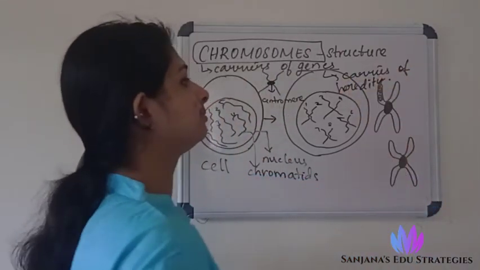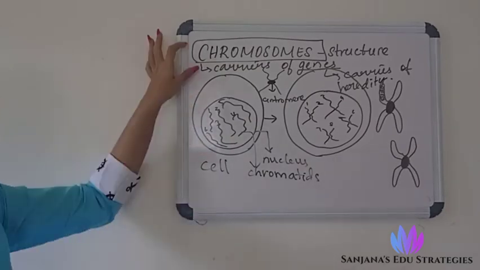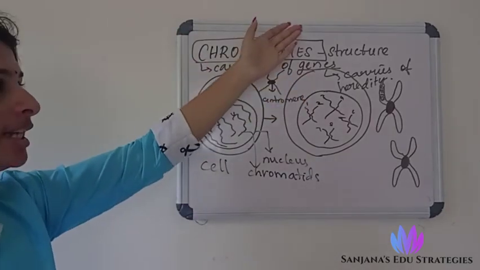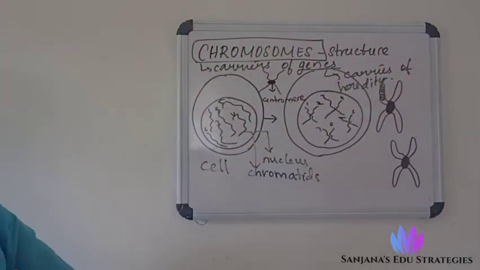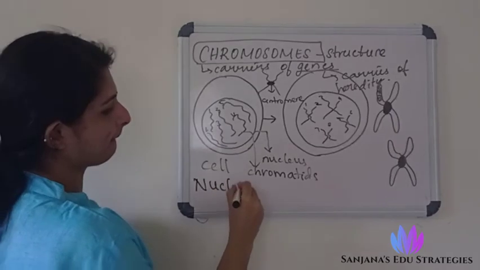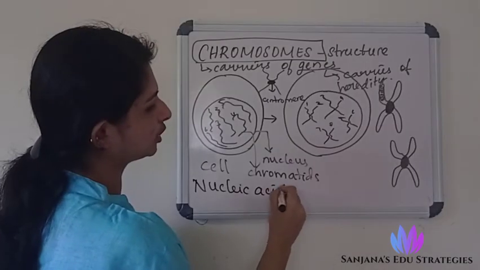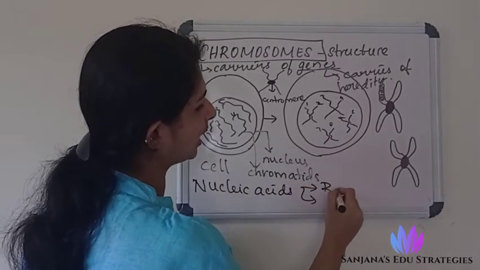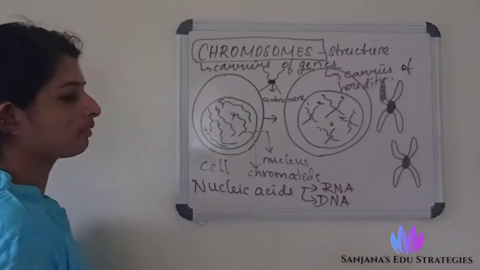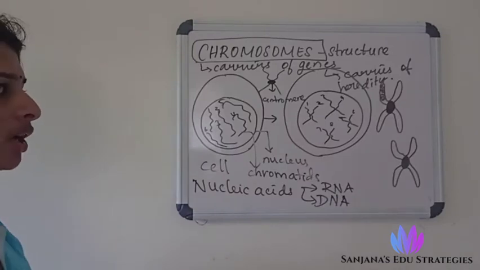So all this happens inside the chromosome only. Inside the chromosome we have genes. Inside the gene we have nucleic acids. What are the nucleic acids? Nucleic acids are two: one is RNA and the other one is DNA. All this will be present inside the chromosome only.